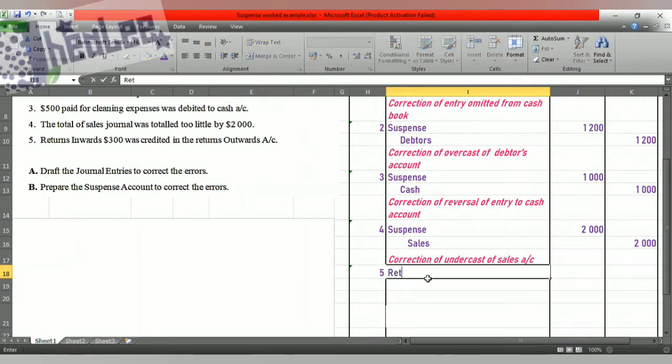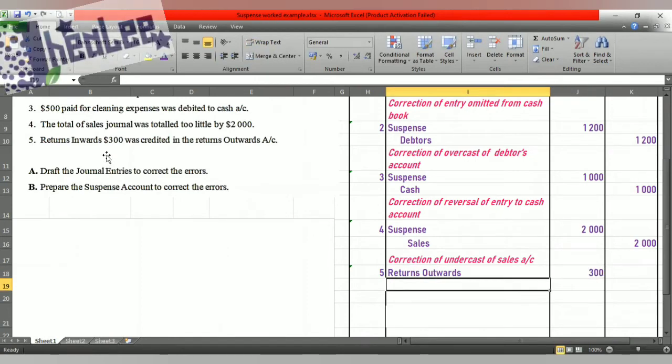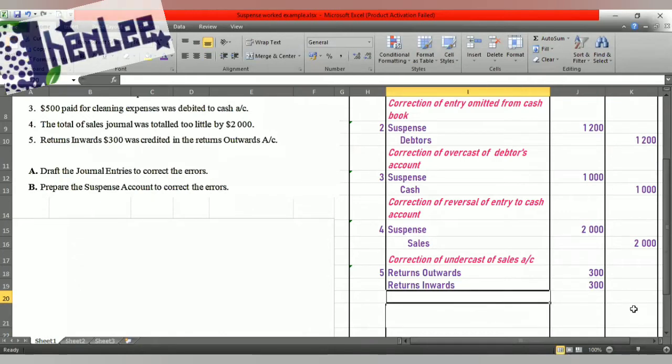So we're going to debit our returns outwards with $300. Now, our returns inwards account should have been debited with that 300. So therefore, we're going to make that correct entry now. So we're going to put the entry in our returns inwards account, and that is 300. Now, based on that, what have you noticed?